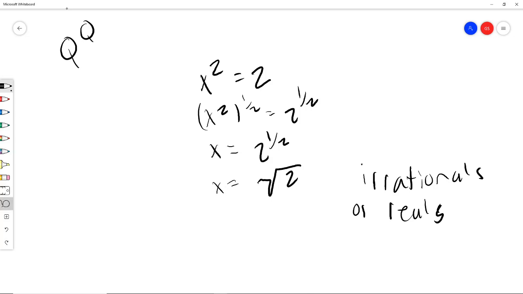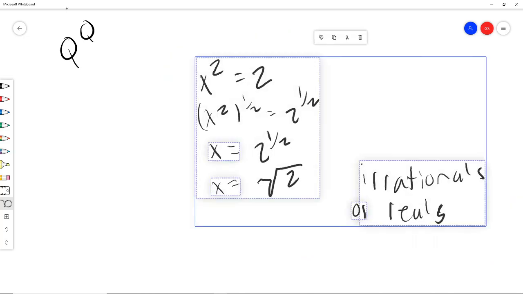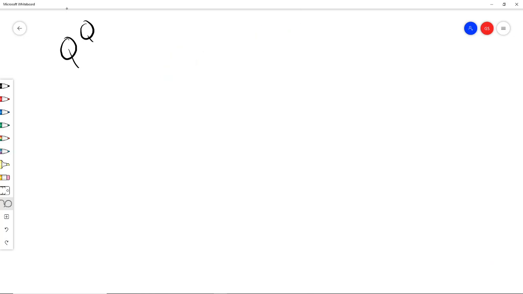And then there's one more piece: when we use rational exponents, we run into, what if you put -1 to the 1/2? Or if you have x squared is equal to -1, right? Because then you would do the same thing.